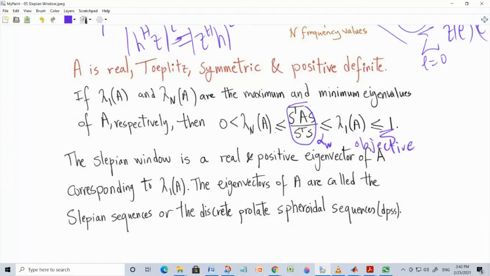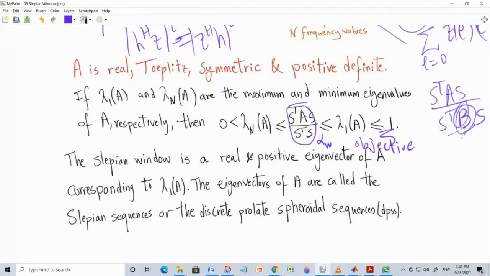is less than or equal to 1, because S transpose A S over S transpose S, this Rayleigh quotient, is a ratio that from the very beginning cannot be greater than 1. You write down your optimization problem like this, and that's it. For symmetric matrices, this quadratic form, and I think in homework one we solved optimization problems, actually even a more difficult one: what if you have a matrix also here?